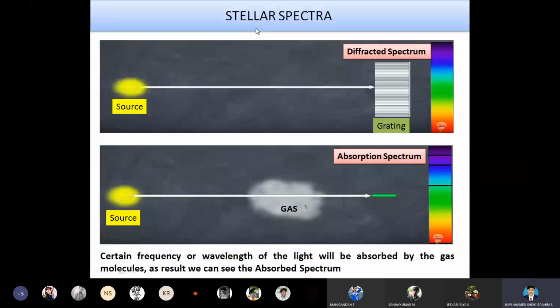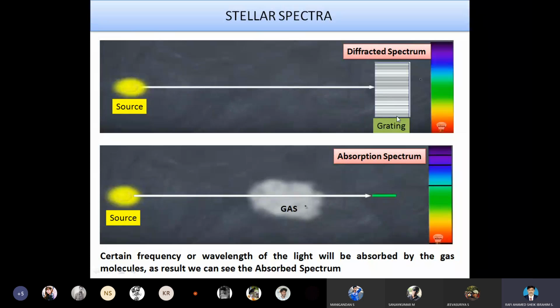See here, from these stellar spectra. Actually, the topic is stellar spectra. This will be our first topic from this unit. These stellar spectra deal with the spectroscopic study of our universe. To study the spectroscopic changes, I have taken two examples. One, a normal source incident on a medium.